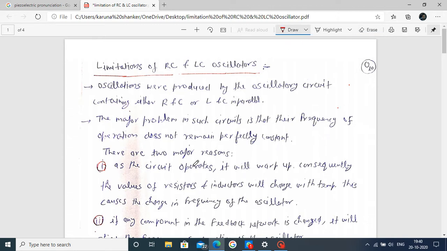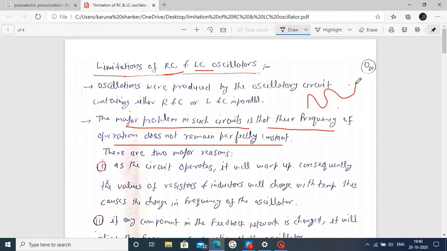This is written here: the two major reasons, meaning the major problems of such circuits. A circuit consisting of RC and LC does not have a perfectly constant frequency of operation. The oscillation produced using RC and LC is not perfectly constant, because a variation comes out.